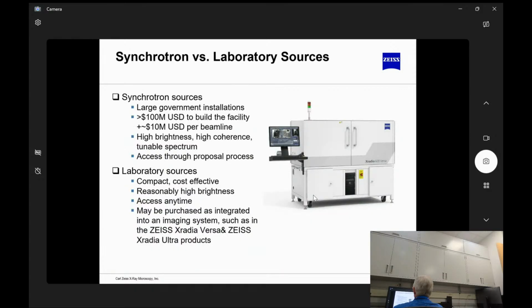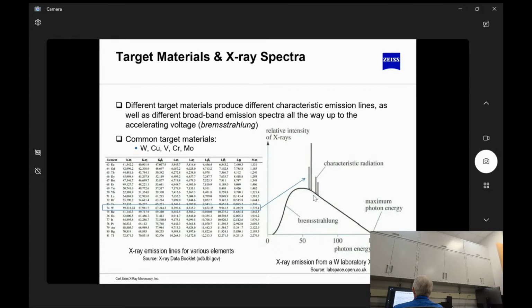All right, so common target materials for X-ray CT: tungsten, copper, vanadium, chromium, molybdenum. Tungsten's the most robust. It's not going to give you the softest X-rays.